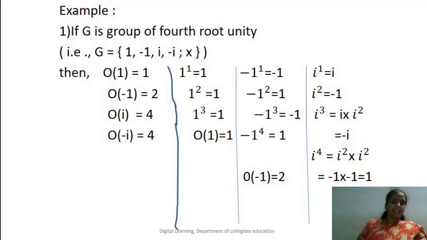But let us see how these orders 1, 2, 4 and 4 come.